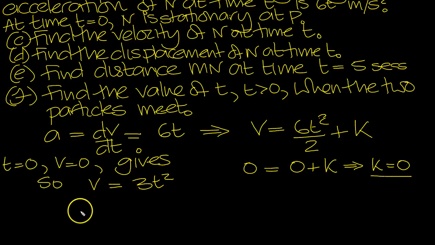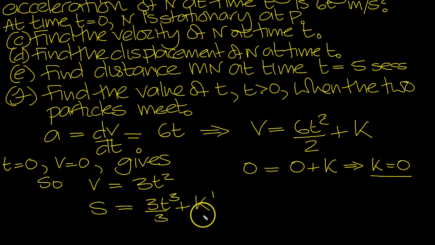Find the displacement now. So integrate again: s is equal to 3t cubed, raised to the power by 1, divided by that number, plus a constant of integration again, k dashed.